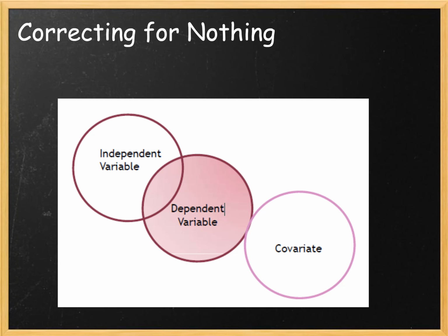So in this situation, unless you had a strong beforehand prediction for needing to include the covariate, it wouldn't make a lot of sense to include it in this analysis.